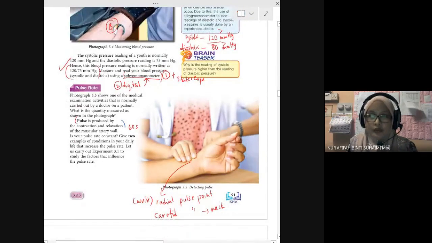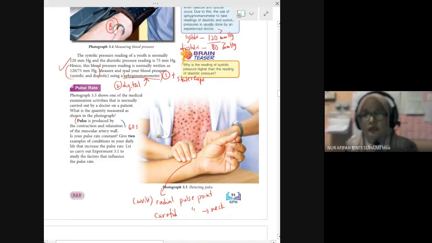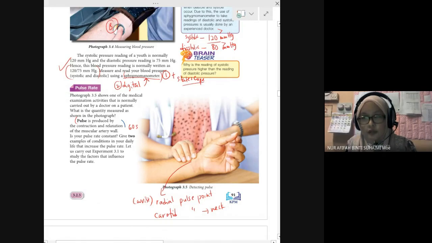Okay, this one, two types of instrument to measure your heartbeat. Number one is the sphygmomanometer with the stethoscope. We usually use both of these in clinic or hospital. One more is the digital sphygmomanometer.